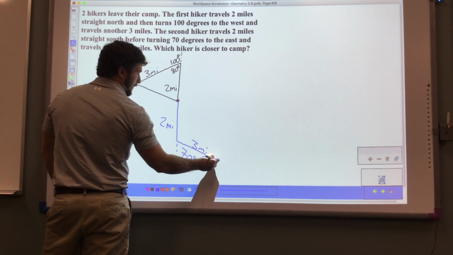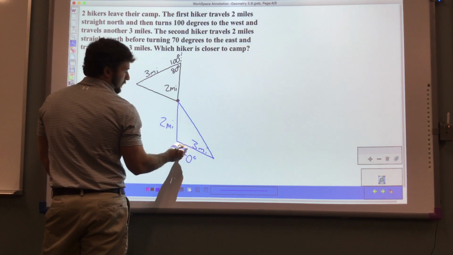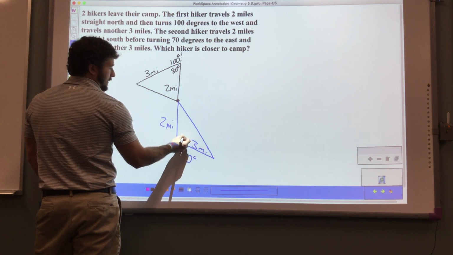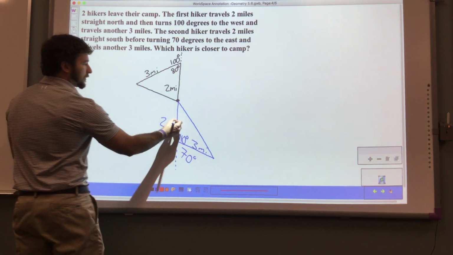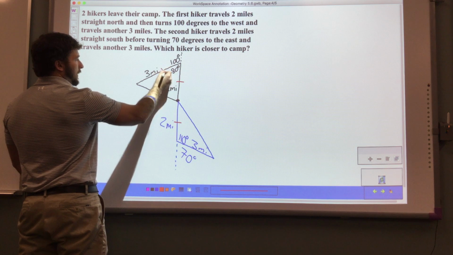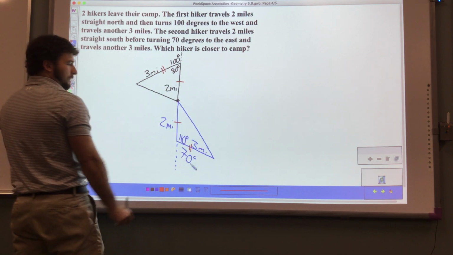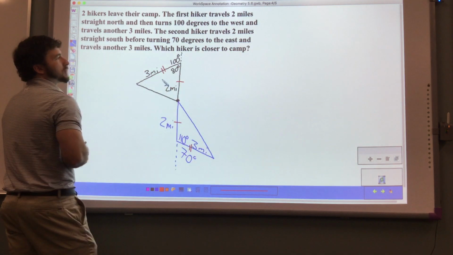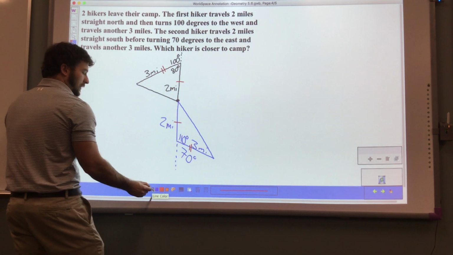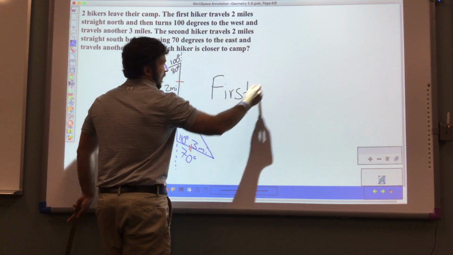The triangle should go back here, back to base, right? So that would be 110 degrees. We have congruent sides with 2 and 3, and we just have to look at which one has the bigger angle. This has the bigger angle, so this one would be farther than this one. So which hiker is closest to camp? That would be the first hiker.